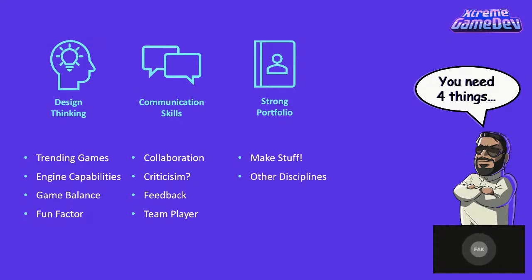And other disciplines. If you're, for example, an architect, or you're good in math, these disciplines will definitely help you in the portfolio. So you have to include it. Not just say, oh, I've designed this game design document and that's it.